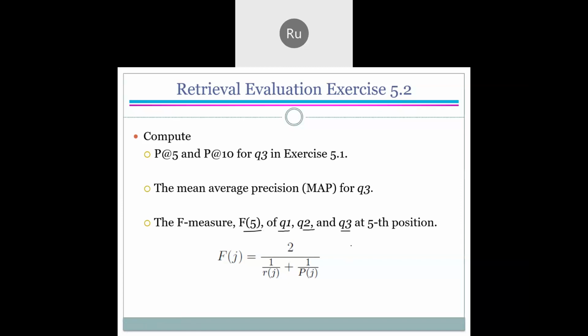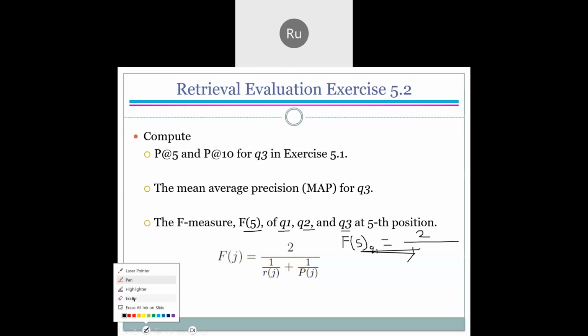So here you should have three answers. So this is for query number 1, for position 5, 1 over recall plus 1 over precision. So you need to look at what is the recall and the precision at position 5 for query number 1.